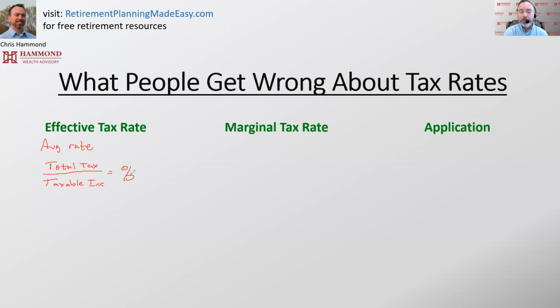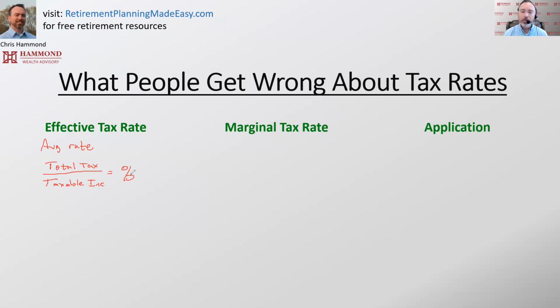Both of these pieces of information, total tax and taxable income, can be found on your Form 1040. Total tax is usually found on the second page of Form 1040, and taxable income is usually found at the bottom of the first page.